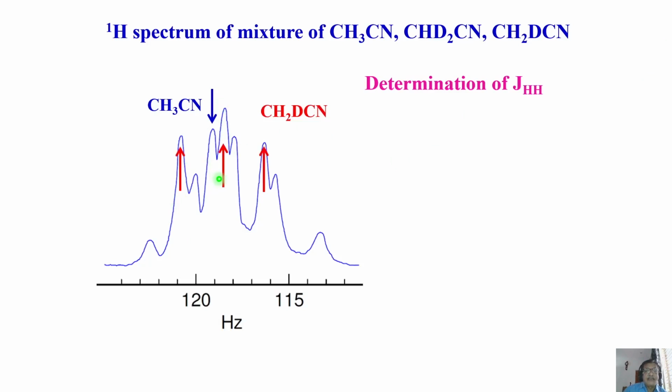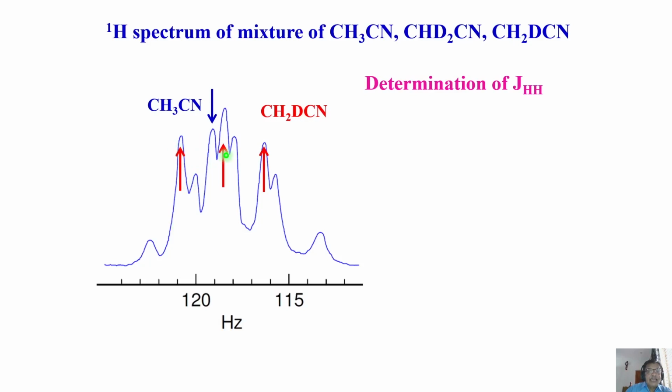Now if I take CH2DCN, how many peaks do I expect? When deuterium is coupled to the protons, it doesn't matter whether it's CH3 or CH2, it is coupled to a single deuterium. So what will happen?